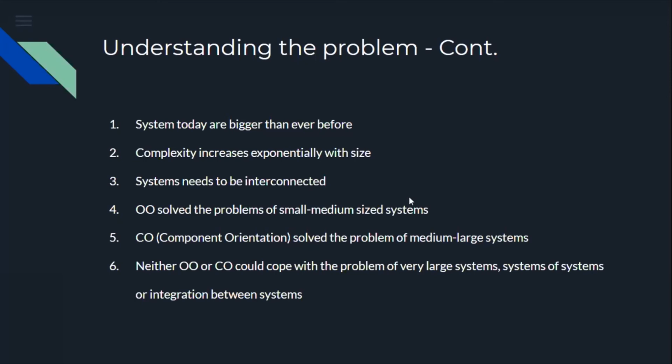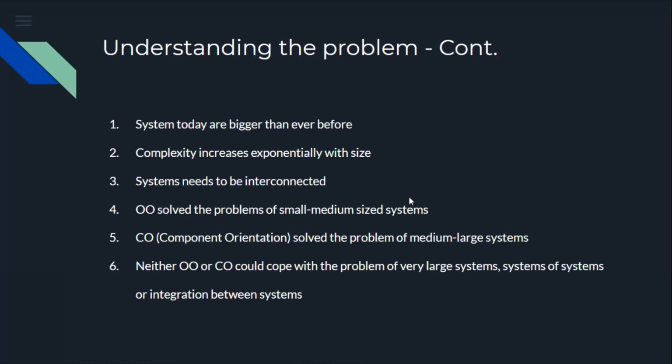I'm speaking about legacy systems. In a legacy system, if one system is developed in Java and the other in .NET, how will both languages interact? There was no way to interact or interconnect both systems. So that was again a big challenge.